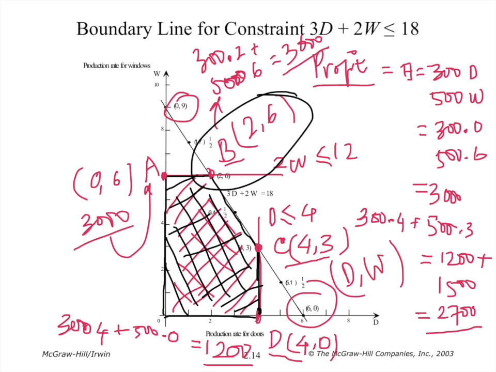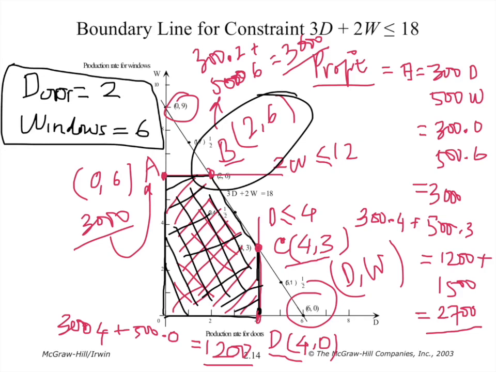So we have to produce two doors, that means we have to produce doors equal to 2, and windows equal to 6. That is the optimum profit using the graphical solution. Okay.